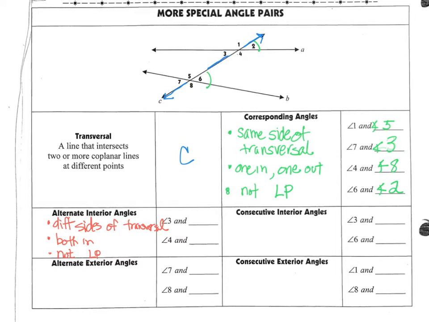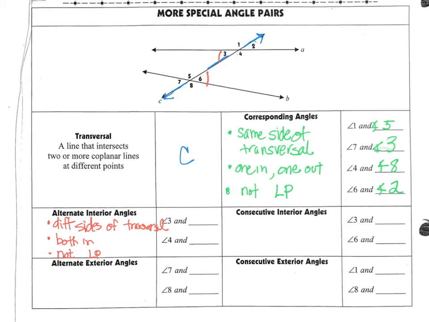And so when we go to look up, let me clear off here, if we look at angle 3, which is right here, it needs to be on different sides. So it has to be on this side, and it has to be on the interior, and it cannot be a linear pair.